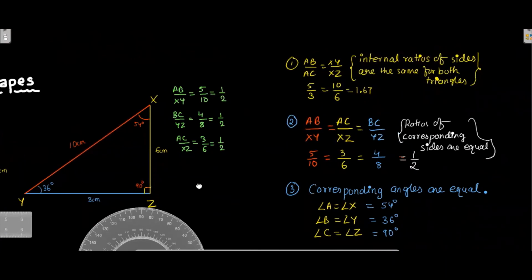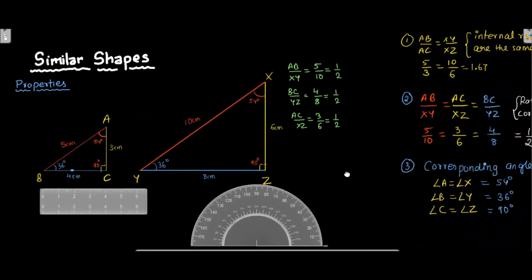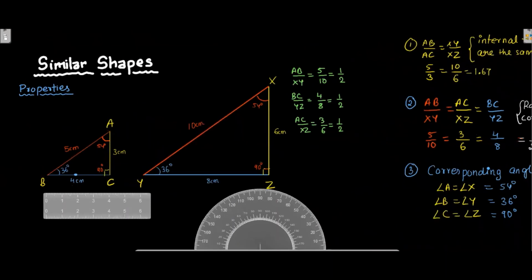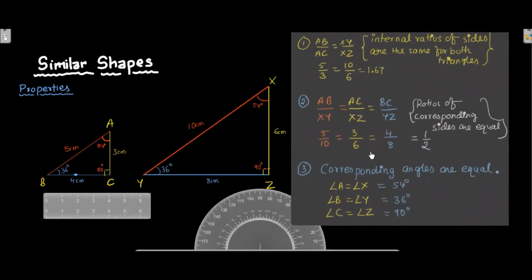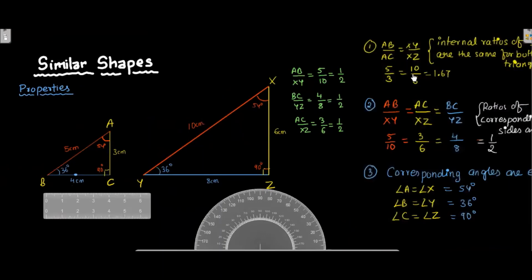Here I have written the properties. As I told you, the internal ratio of sides is the same for both triangles. Let us do AB divided by AC. AB is 5 and AC is 4.